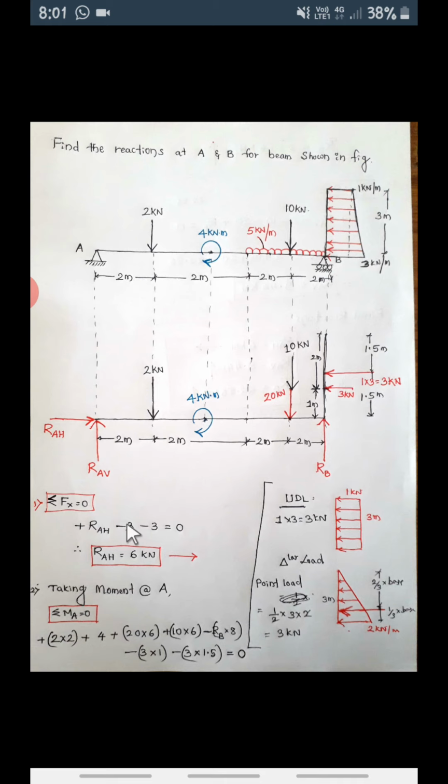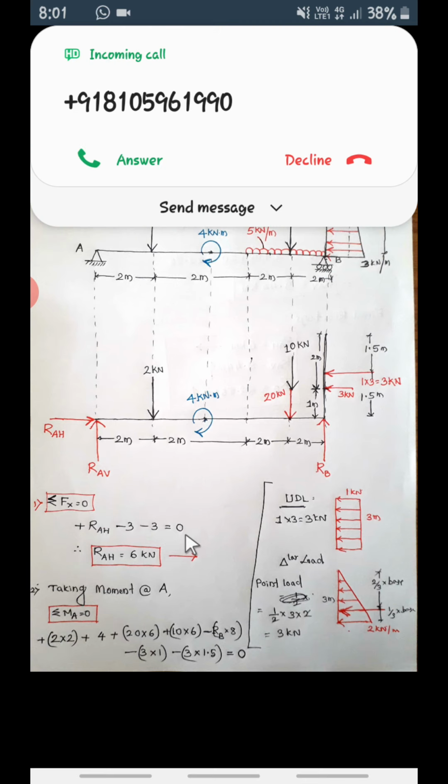So plus RAH, minus 3 and minus 3, summation Fx equal to 0. Therefore RAH is equal to 6 kilonewton. This is one equation. We have got reaction RAH equal to plus 6, which means this direction is correct.